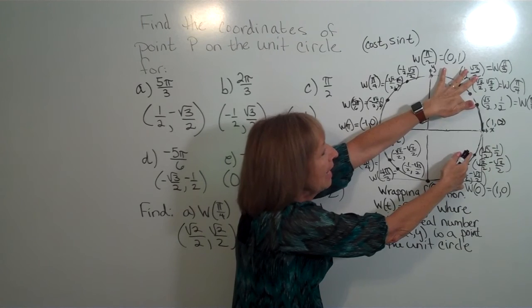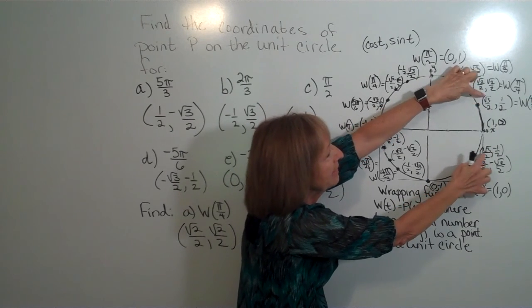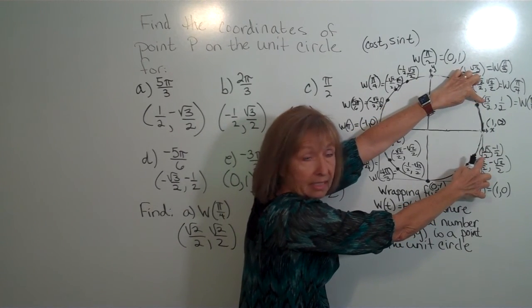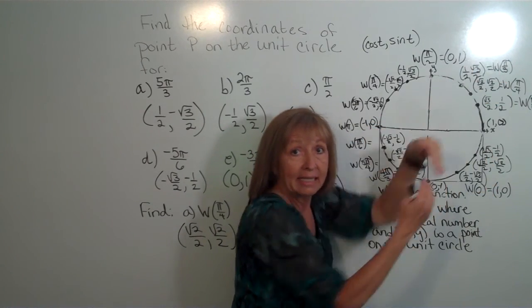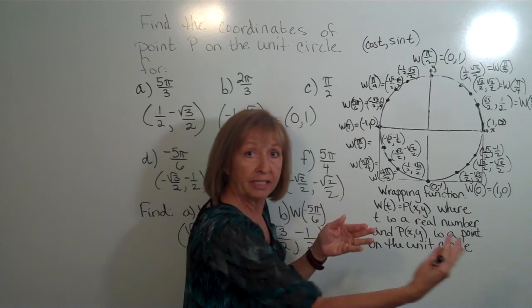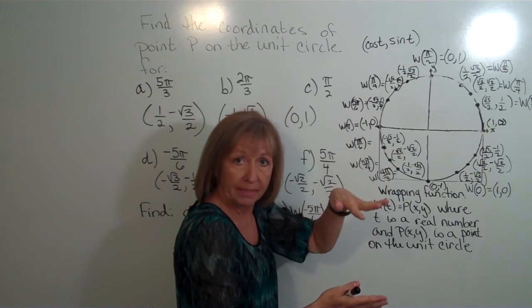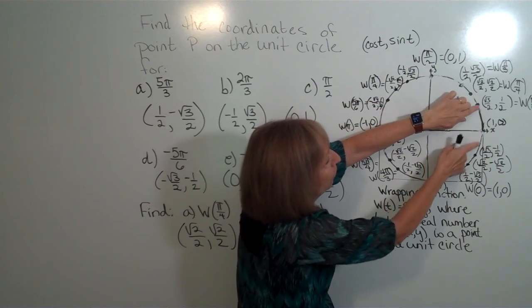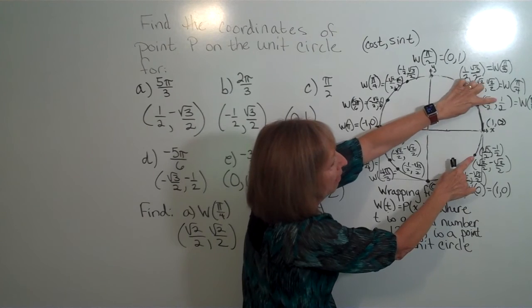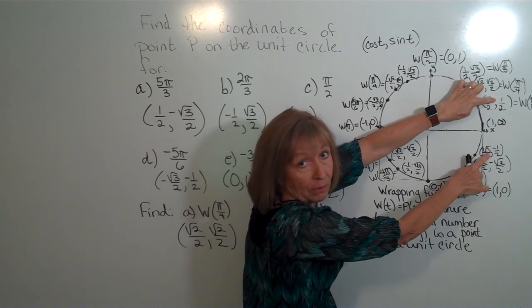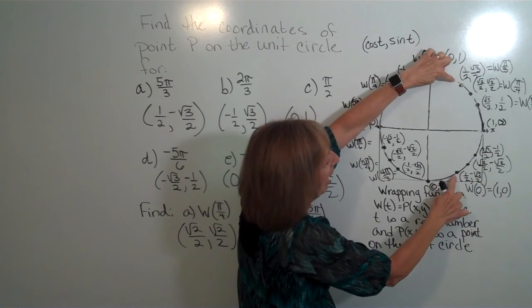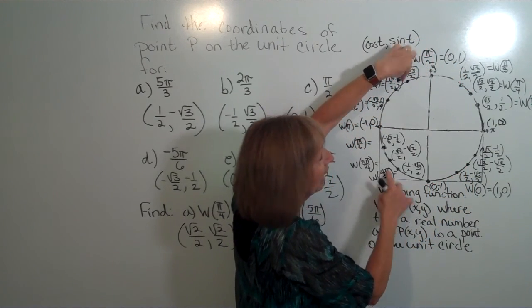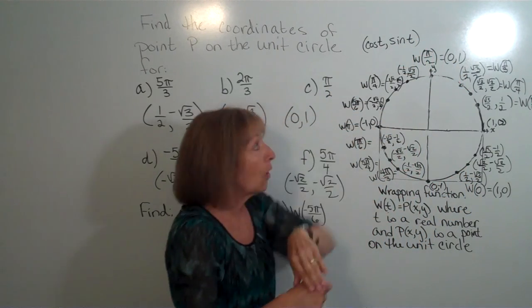And so these dots are going to have the same x coordinates, but their y coordinates are going to be opposite in sign, because your x coordinate is your overness and your y coordinate is your up and downness. And so I went over the same amount, but one went up above the x-axis and the other one went down below the x-axis. And that works throughout the entire circle as you go.